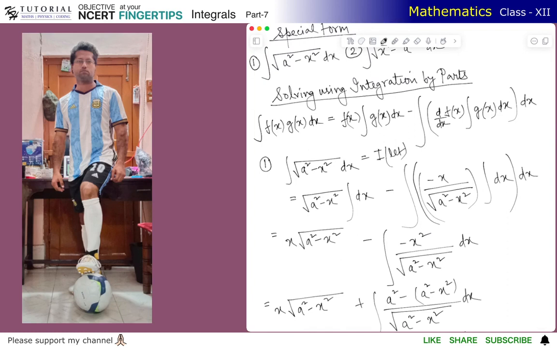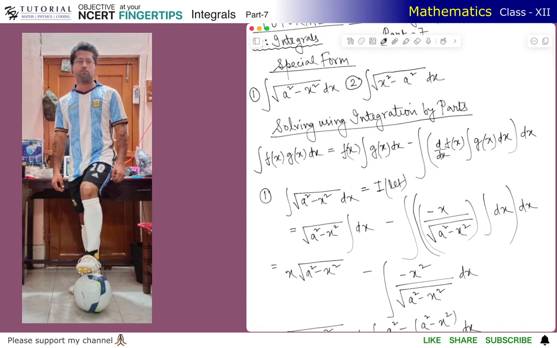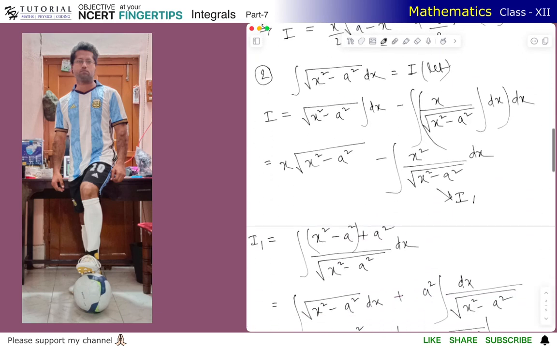If you remember the formula for these two special forms, then it's fine, but otherwise you can use integration by parts and solve it.